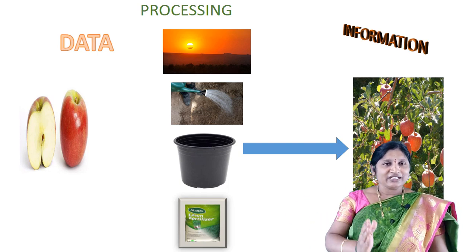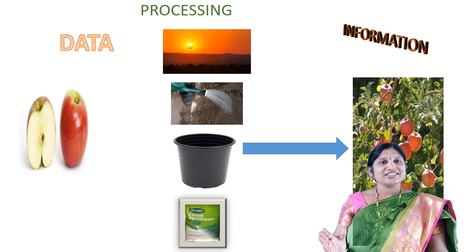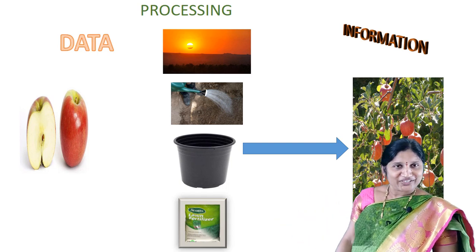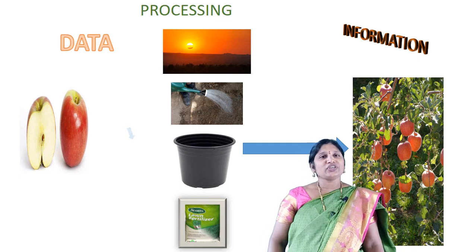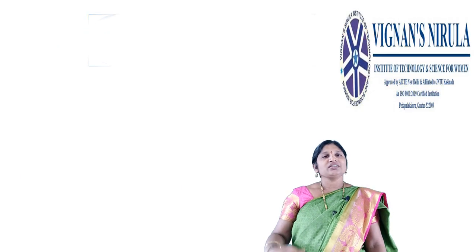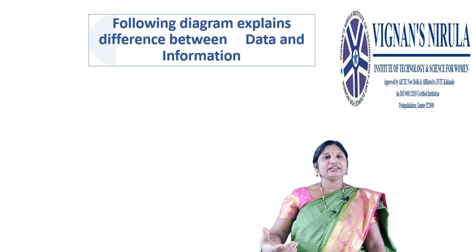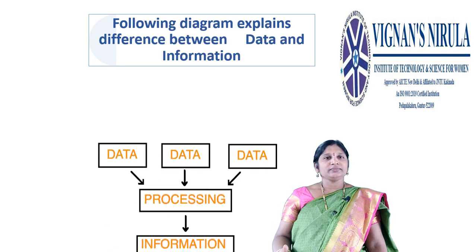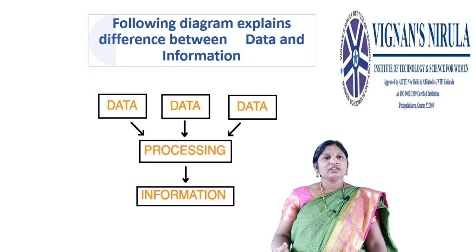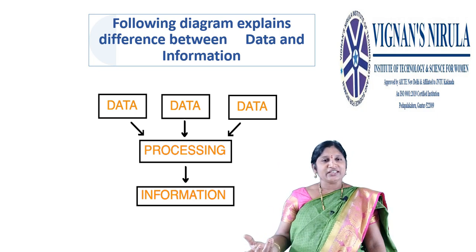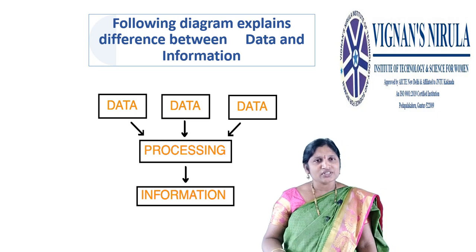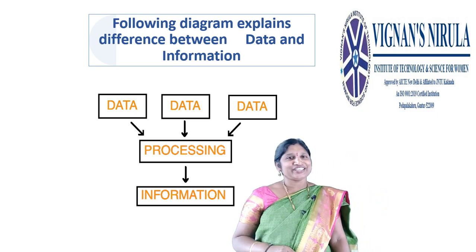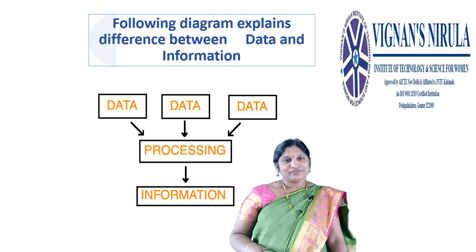So, the data, once it has been processed, is called information. This figure clearly illustrates the difference between data and information. We have several data items. After applying processing on the data items, the data items can be converted into information.